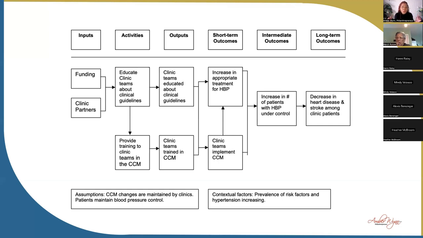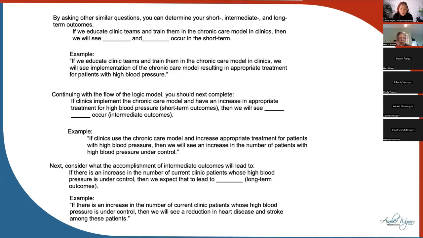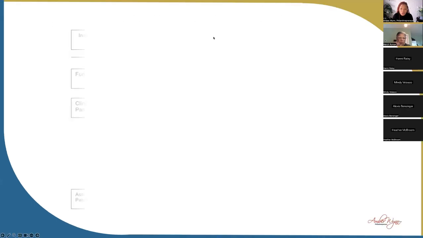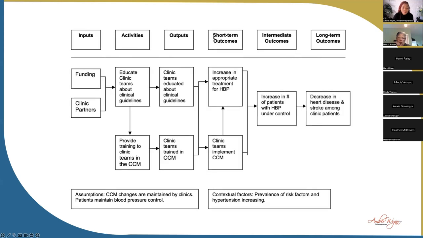I am showing you the visual model of the if-then statements. So this right here is visually laid out. This is your logic model in graphic form. But it's easier to put this together when you do the if-then statements because you see the flow.